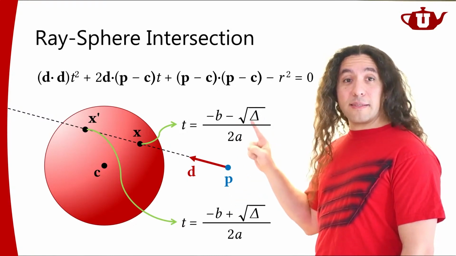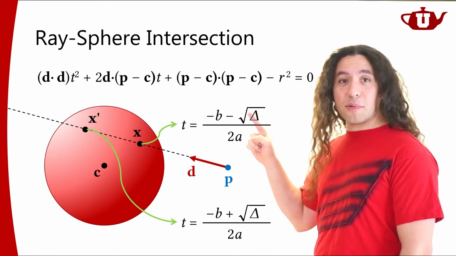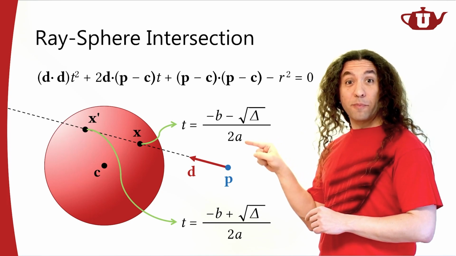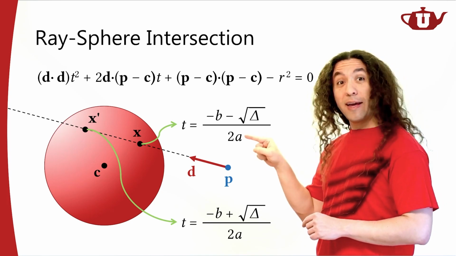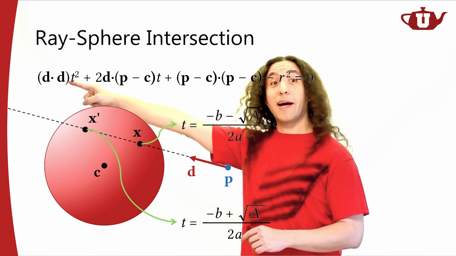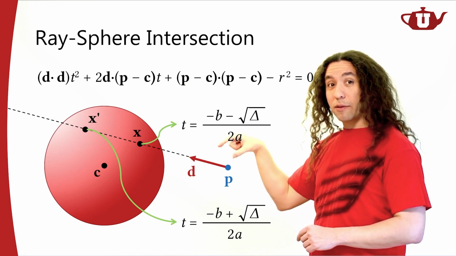And I know that the square root of delta is a positive number. And a is also positive. You know, what is a? A is this guy. That is the dot product of d with itself.